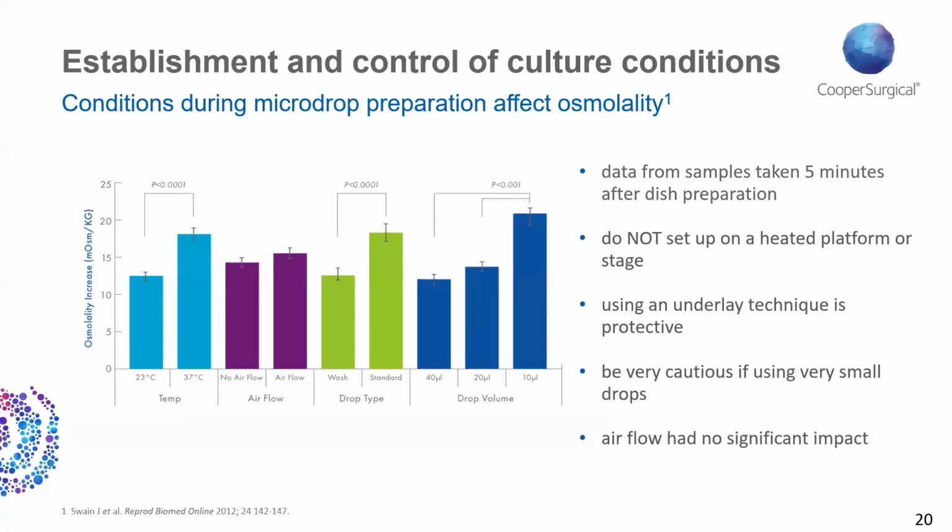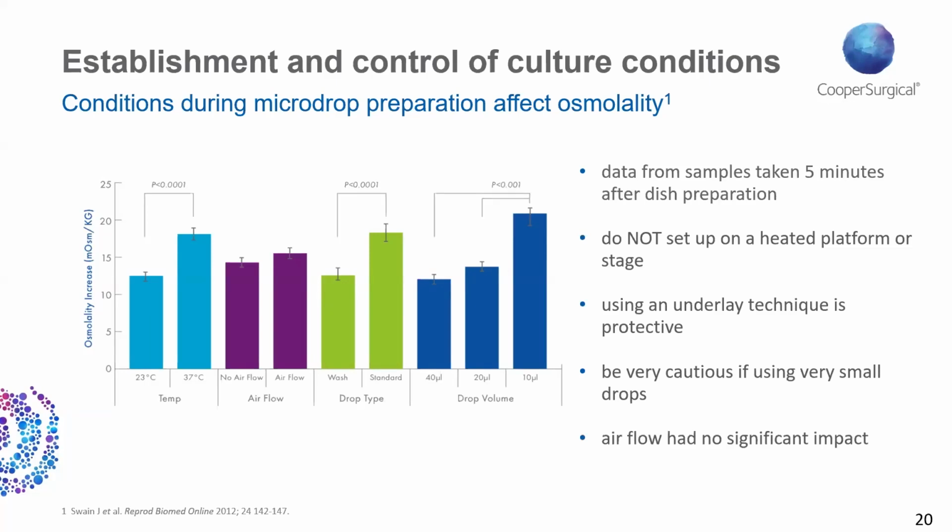On the left, the wash drop is putting drops into the dish, covering with oil, removing those culture drops and replacing them with new ones. So that's an underlay method. That can help in a busy clinic with lots of dishes to prepare. It can be a pain to make so many in that manner, but it is worth considering when you're thinking about how to do dish prep effectively.